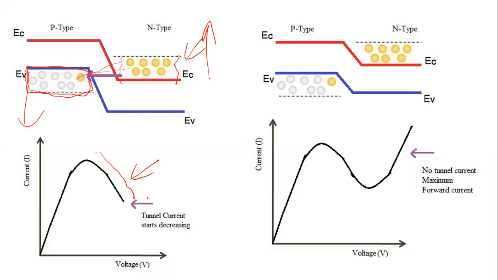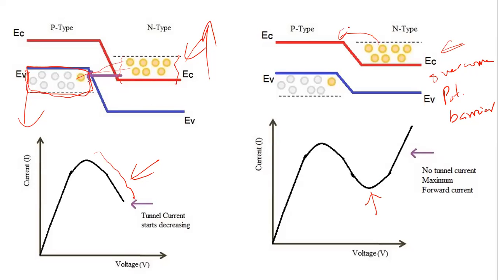Tunneling current will decrease. Now, as you continue further, after attaining the minimum tunneling current, the forward voltage is able to overcome the potential barrier. When the forward voltage value is such that the electron energy in the conduction band of n-type is lifted up, these electrons will have sufficient energy to overcome this potential barrier easily as you continue increasing the forward voltage.